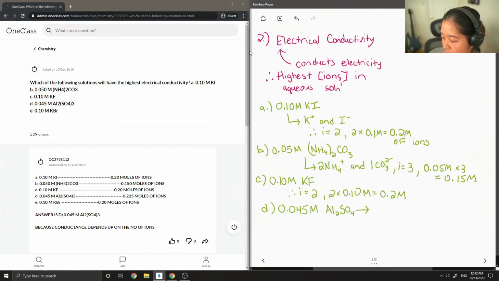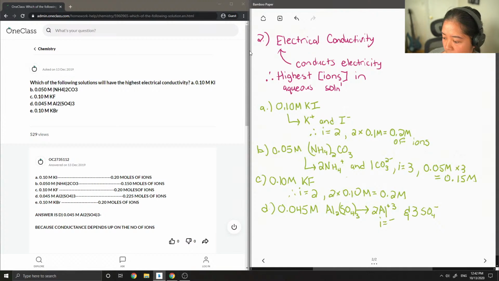For this solution, I have 2 aluminum ions. Oh, I forgot to put the 3 SO4 2 minus ions.